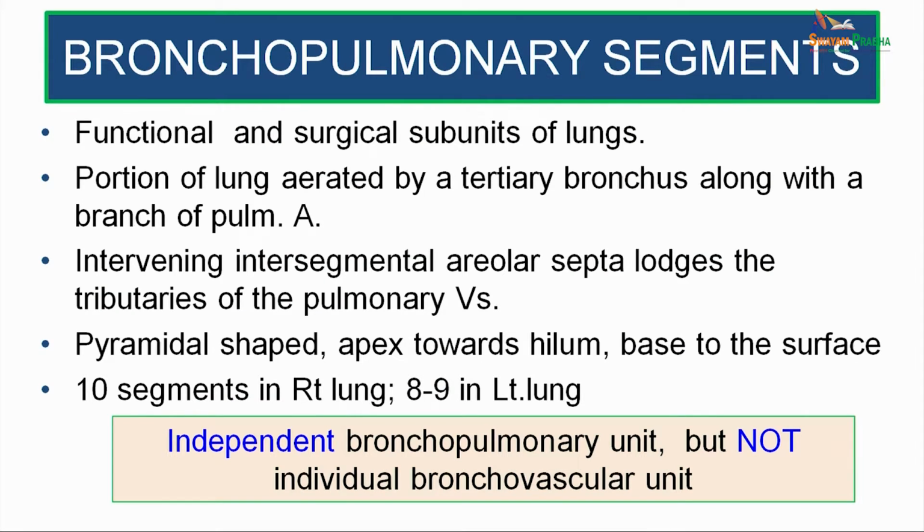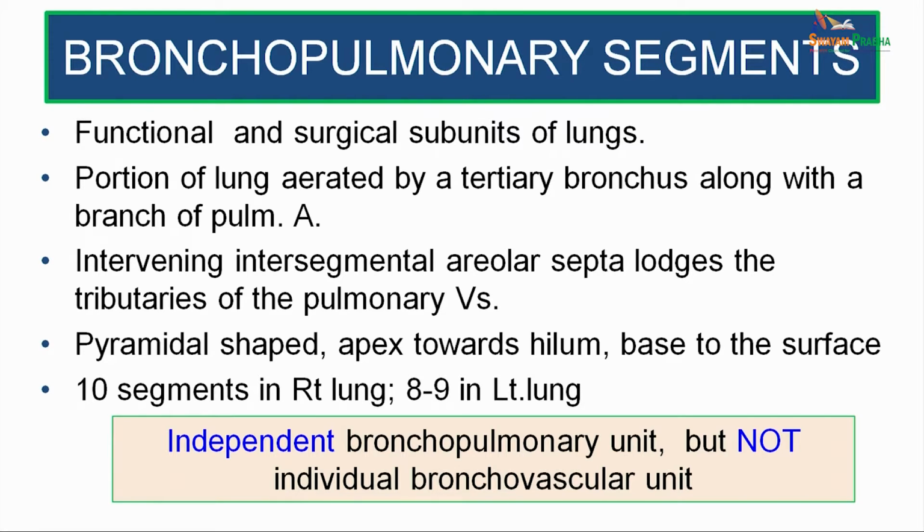Now, to talk about the bronchopulmonary segments. They are the functional and surgical subunits of the lungs. This represents an area of the lung which is aerated by a tertiary bronchus and supplied by a branch of the pulmonary artery.